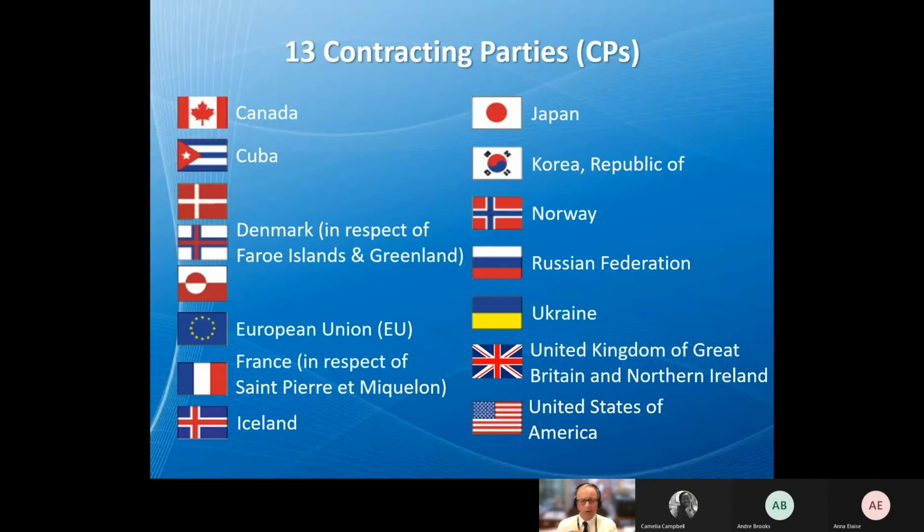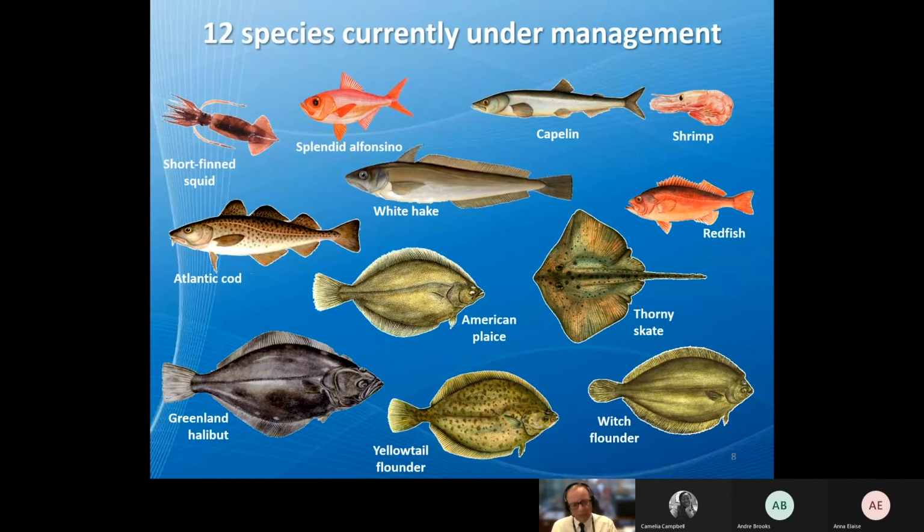We have 13 contracting parties. The UK joined in September of this year, just in time for our annual meeting. So that you can see the flags. 12 species currently under management. Most of these are fished by bottom trawl fishing. The exceptions would be squid, shrimp, and splendid alfonsino.